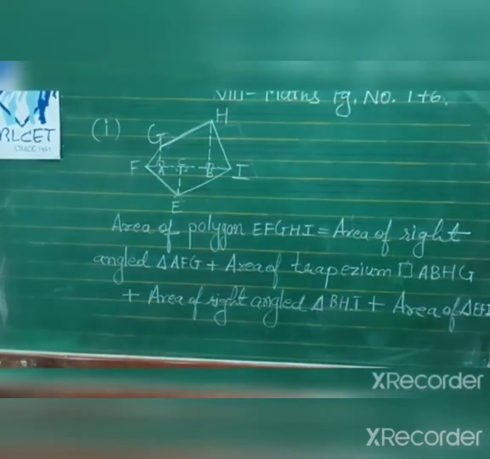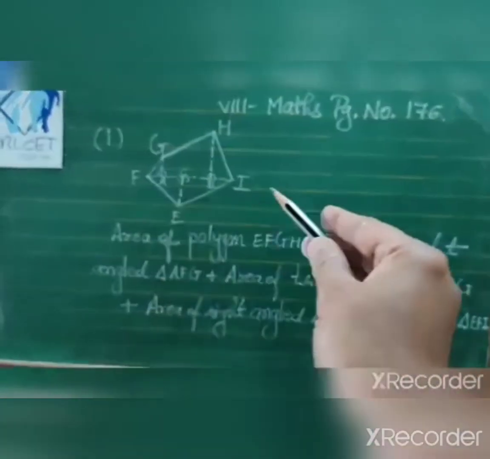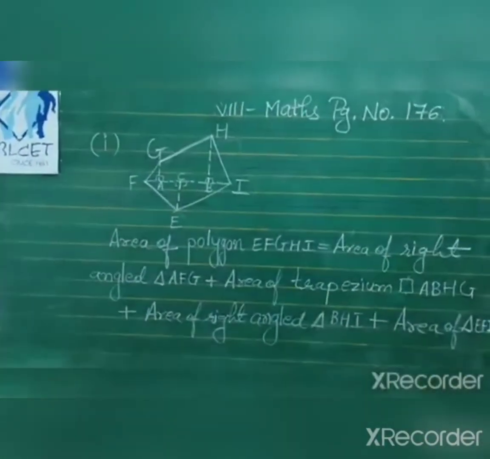Now the area of a polygon also, we learned that day how we can calculate by dividing it into different shapes. Now see page number 176: divide the following polygons into parts, triangles and trapezium, to find its area. Okay, let us start. You can see the diagonal is already given in this pentagon.